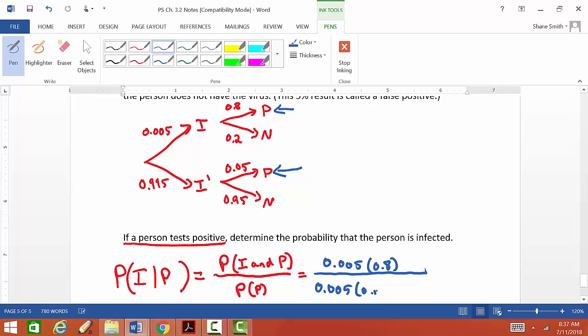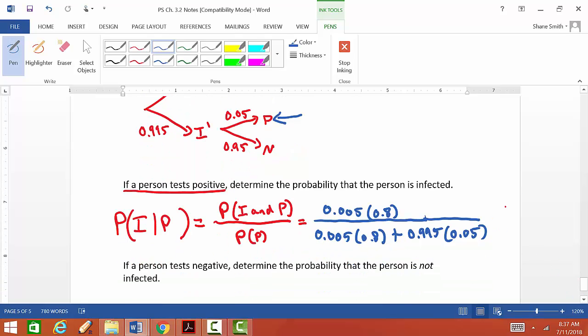But we remember from section 3.3, what we just talked about in the previous section, that we are going to add 0.995 times 0.05. And so this is the probability of getting a positive result, because this is getting a positive result if I'm infected, and this is getting a positive result if I'm not infected.